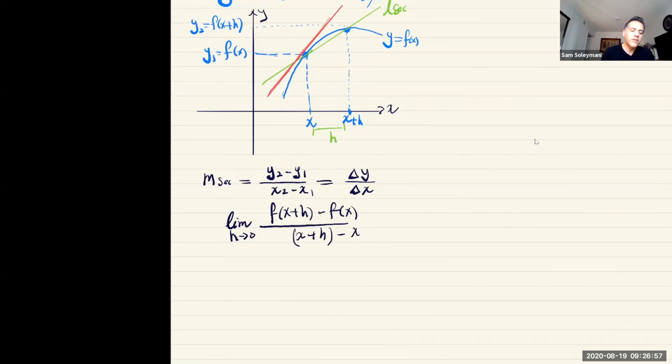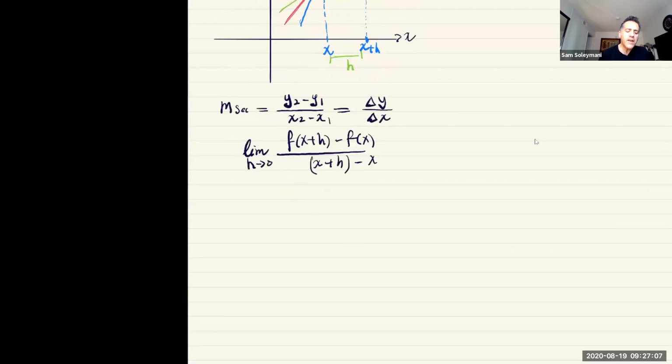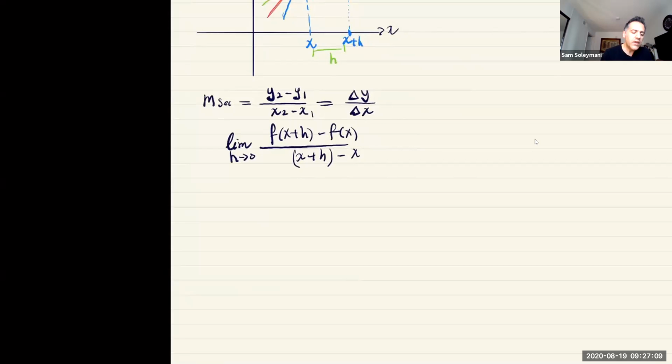So you find the difference between these two, divided by the difference between these two. And the x's cancel out, and you get the famous difference quotient.